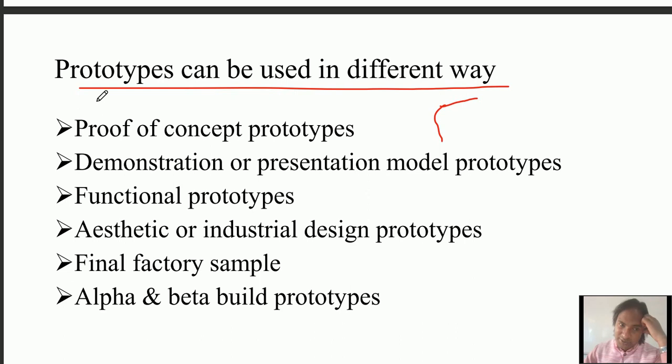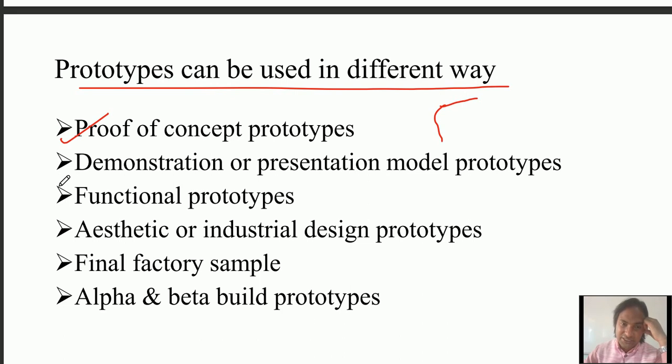So prototypes help us in different ways. In proof of concept, we have some theories and we want to verify whether they are working or not. We have some concept and we want to test it, so prototypes can be used to test the concept.